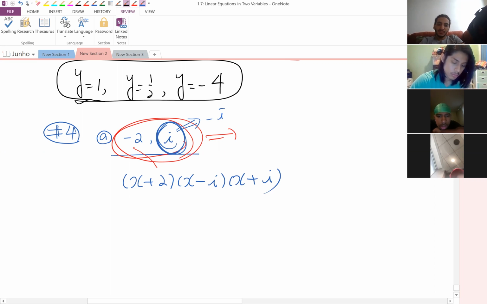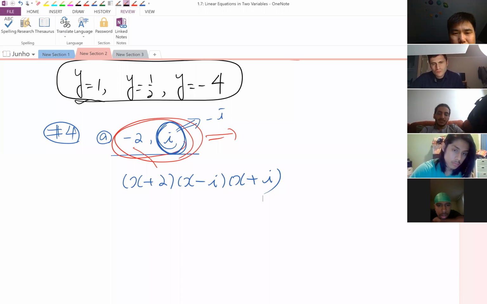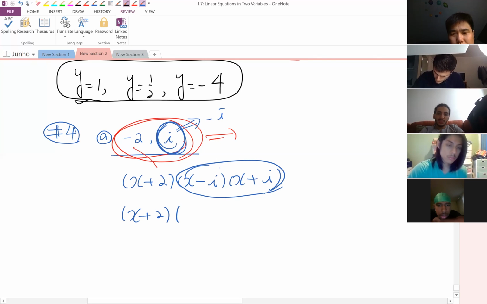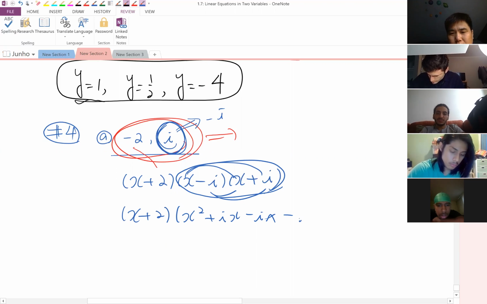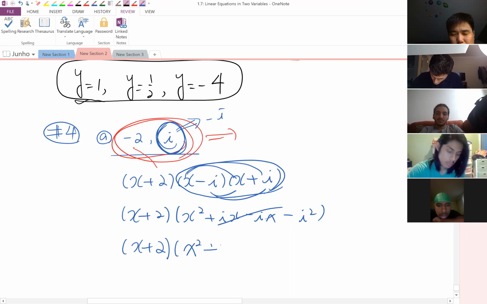Then you multiply out this first. It becomes (x plus 2) times (x squared plus ix minus ix minus i squared). So these two cancel out, and it becomes (x plus 2) times (x squared plus 1). I hope you understand why I got this from here.